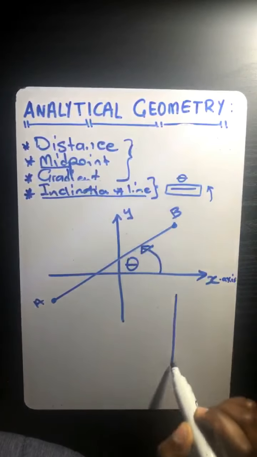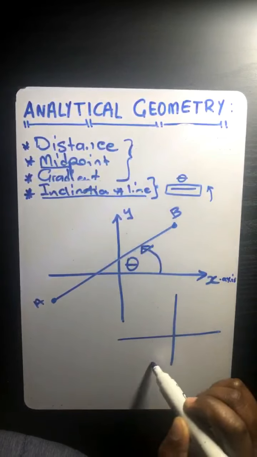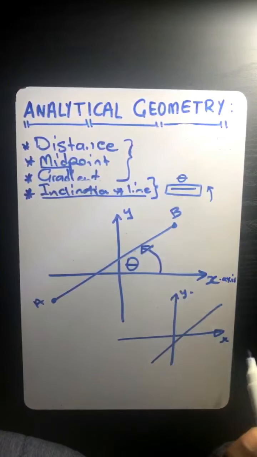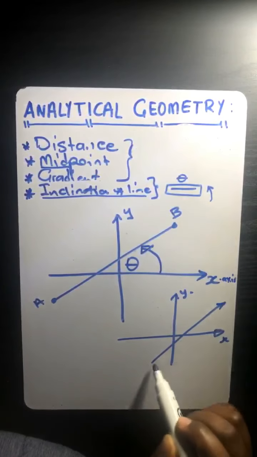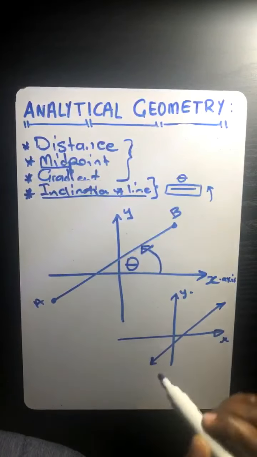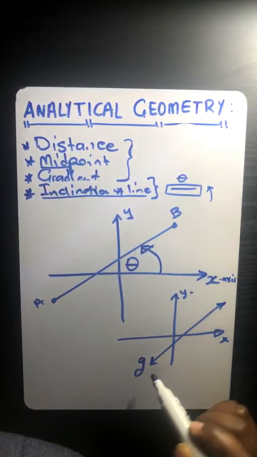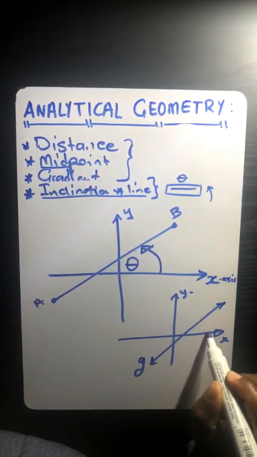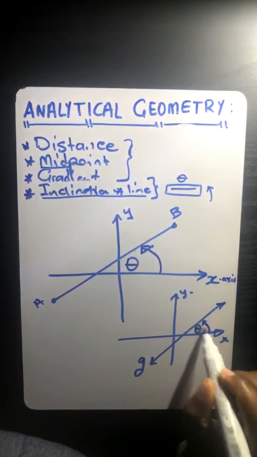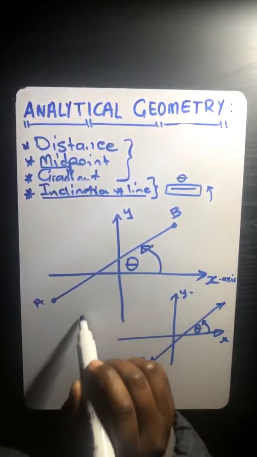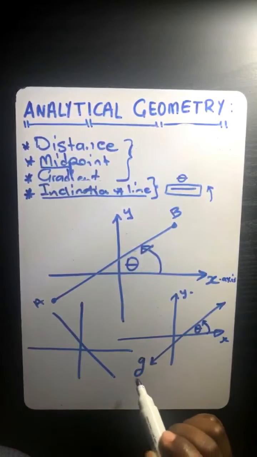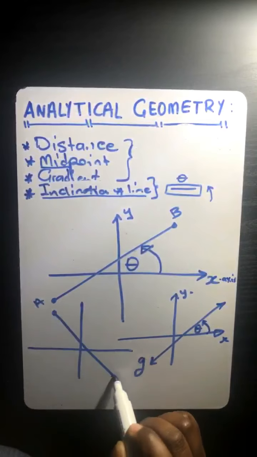Okay, another Cartesian plane. Let me draw something similar. This is the x-axis, a y-axis, and then you can have a function, the graph of g. But remember, for the angle of inclination, we talk about the angle formed with the horizontal in an anti-clockwise direction. Again, we can have that line with 2 points.